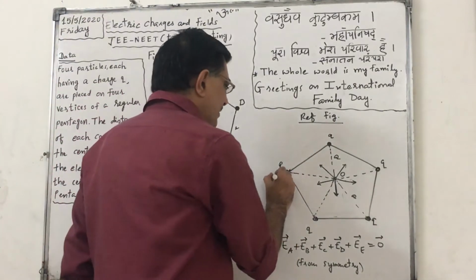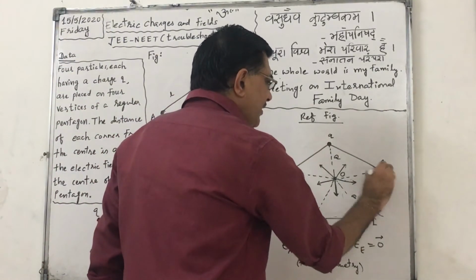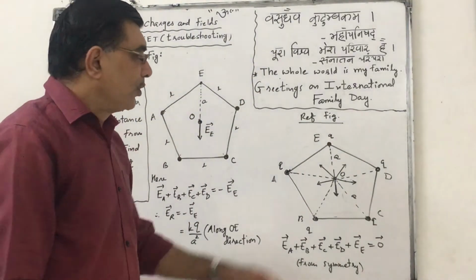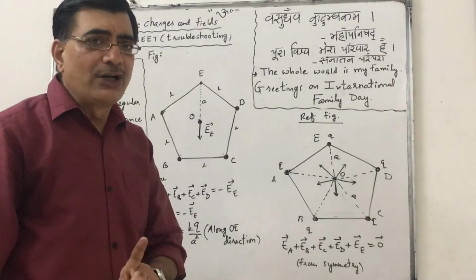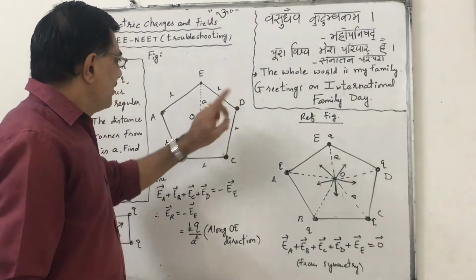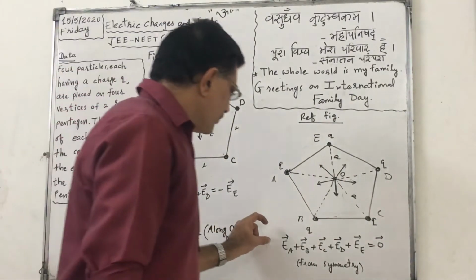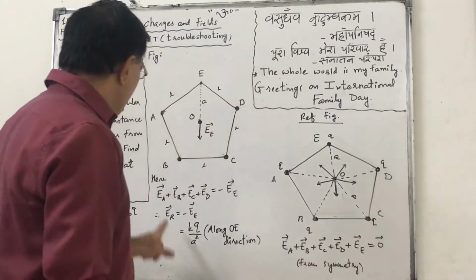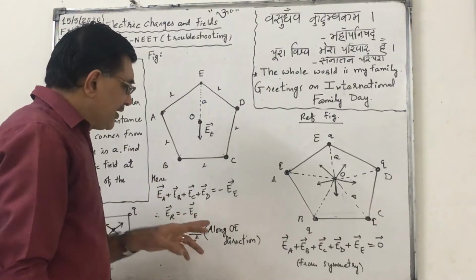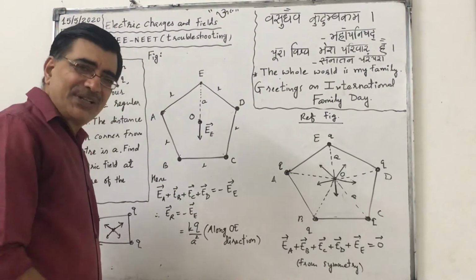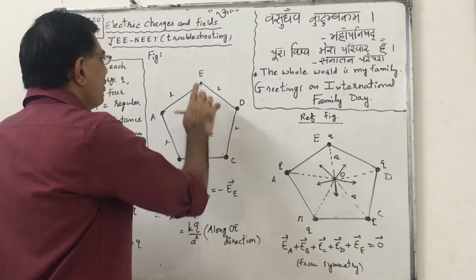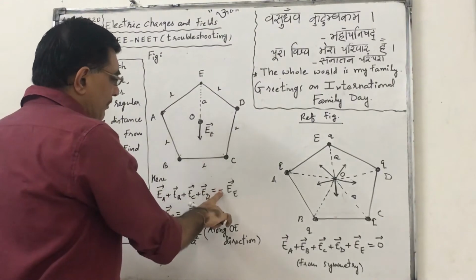Say this is A, B, C, D, E. So in our data, we do not have to put a positive charge on E. We have to put only on 4 vertices, A, B, C, D. So according to this symmetric relation, EA plus EB plus EC plus ED, these 4, will give minus of EE. So electric field intensity due to all these 4 will be minus EE.